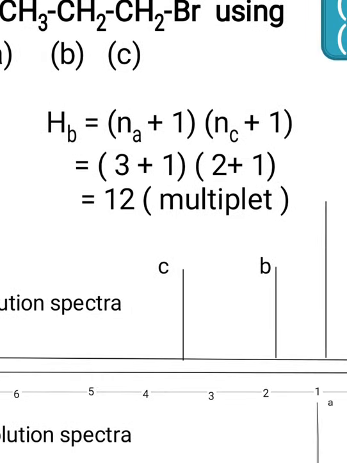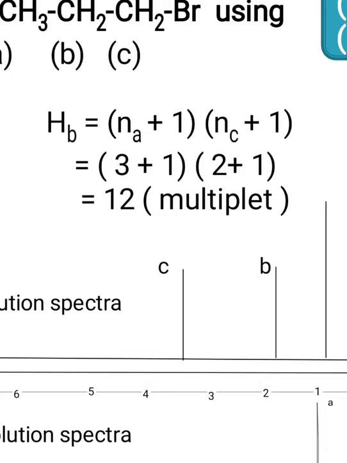Now see, the number of lines or multiplets for the HB set of protons equals (Na+1)(Nc+1), where the number of A set protons is 3, plus 1 is 4, and the Nc set of protons is 2, plus 1 is 3. This means we get 12 lines for the B set of protons.